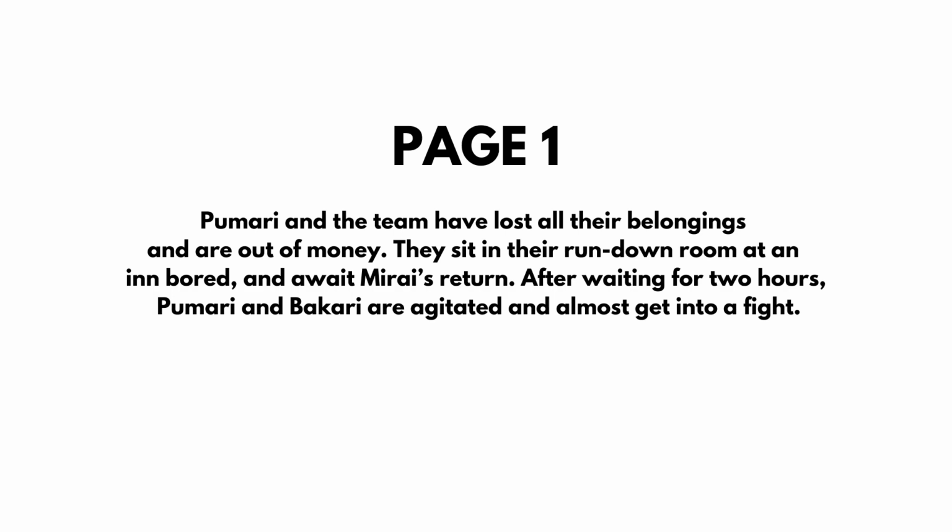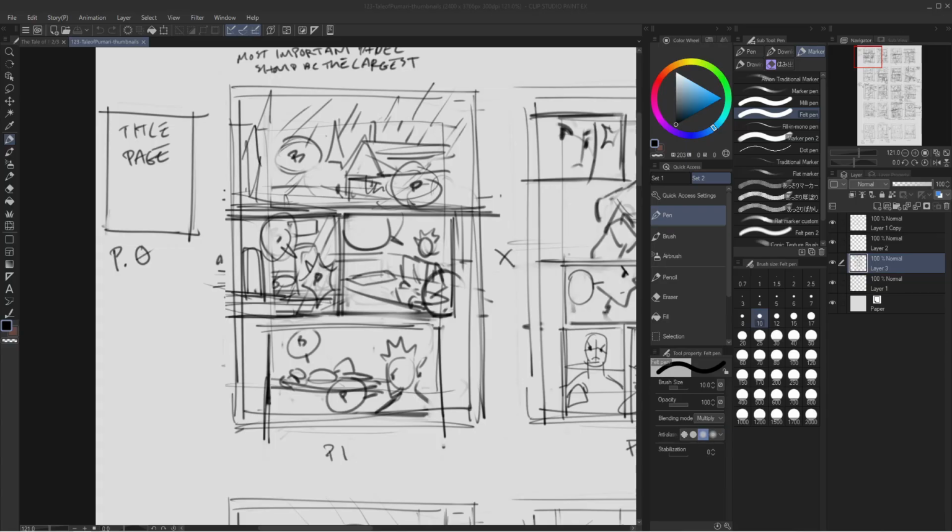For page one, my synopsis is: Pumari and the team have lost all their belongings and are out of money. They sit in their rundown room at an inn, bored, and await Marai's return. After waiting a couple of hours, Pumari and Bakari are agitated and almost get into a fight. And so it gives me an idea of what I need to draw on the first page.